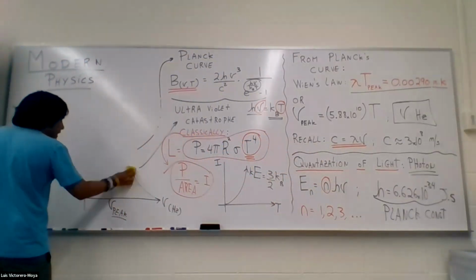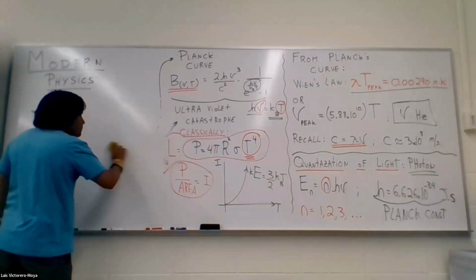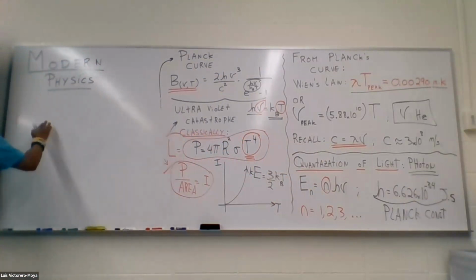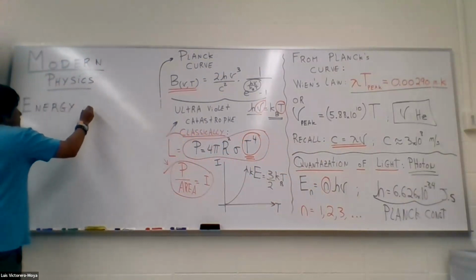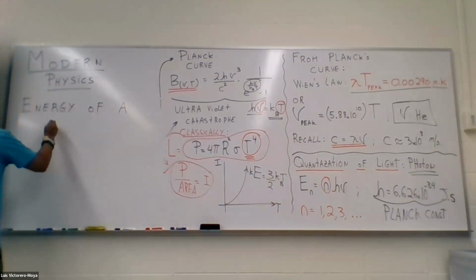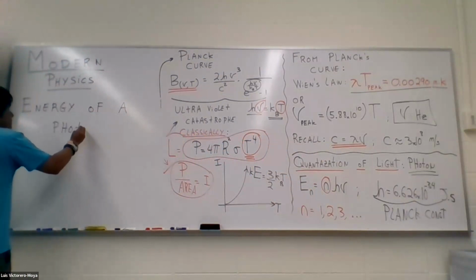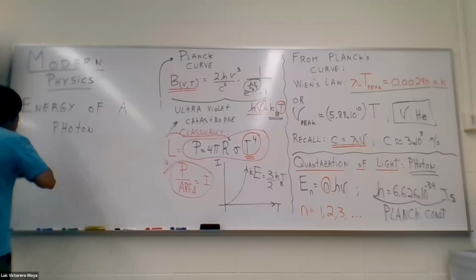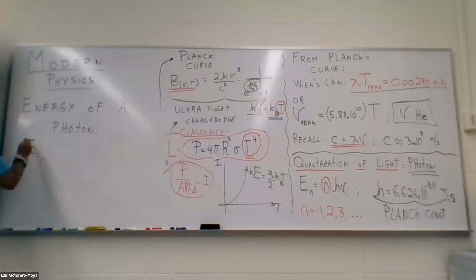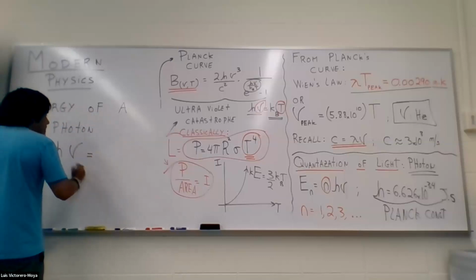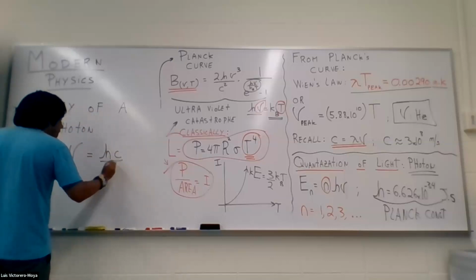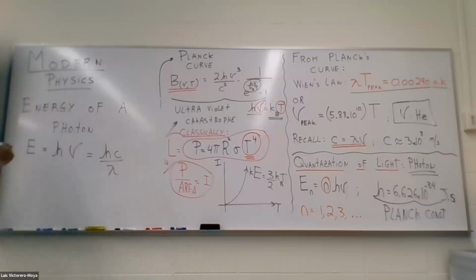So if you want to find the energy of a photon, the equation that we use is equal to h times frequency, but frequency is c over lambda. So that's another equation that we are going to use today, depending on the information you're given.